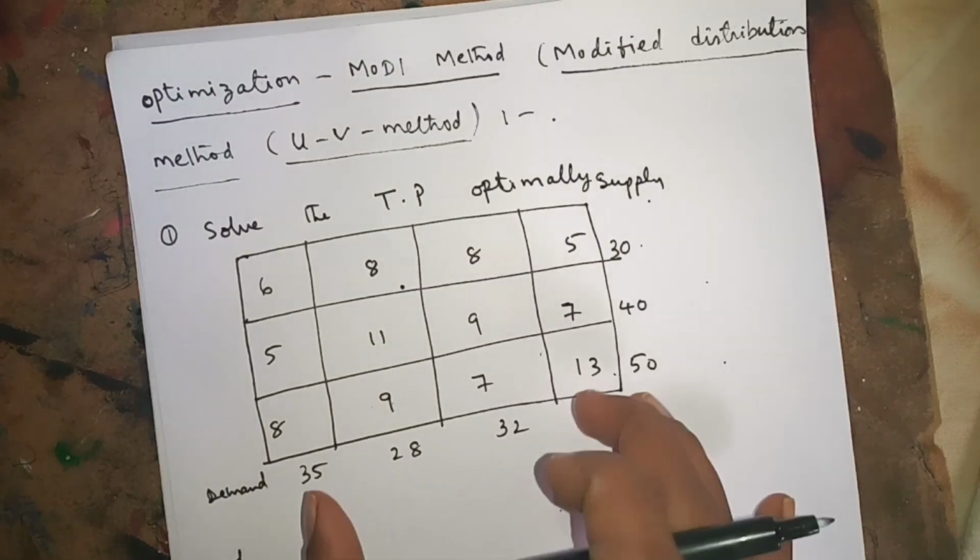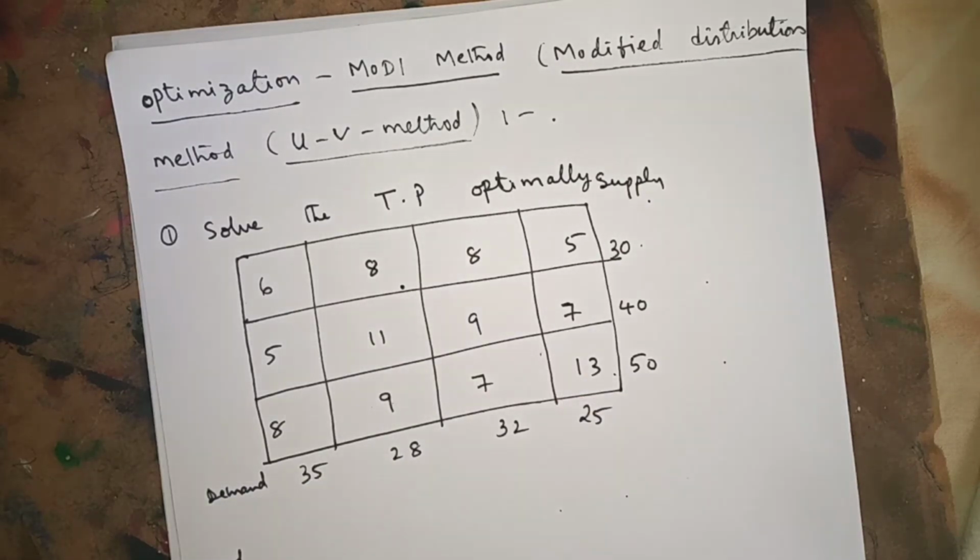They'll give you one transportation problem. Find the optimal solution. They will ask like this, or solve the TP optimally. To find the optimum solution, first of all, we need the IBFS solution. That may be from any one of the northwest corner rule, least cost method, or VAM, Vogel's approximation method.